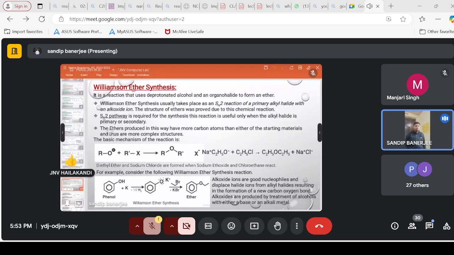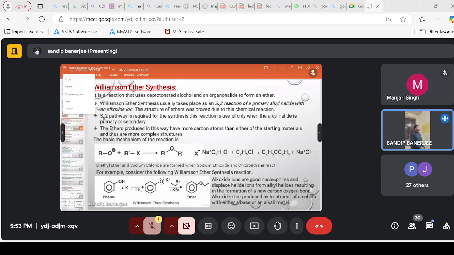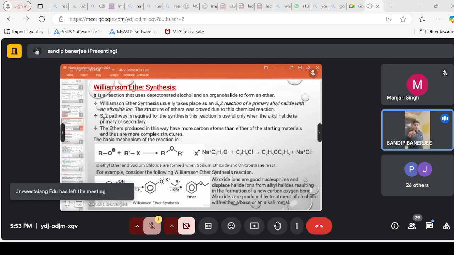This is apart from your alcohol, the last part, that is your ether part. The ether part mainly contains this reaction, that is your Williamson ether synthesis. Williamson ether synthesis is so crucial because this part contains two things. One is the Williamson direct synthesis and one is some mechanism associated with it.